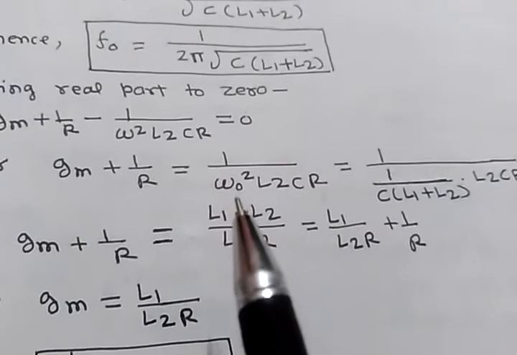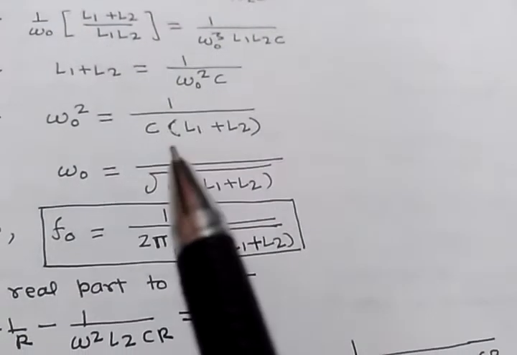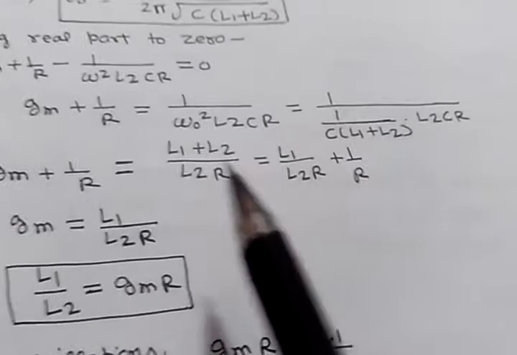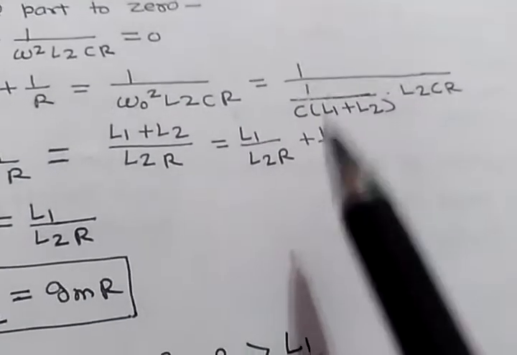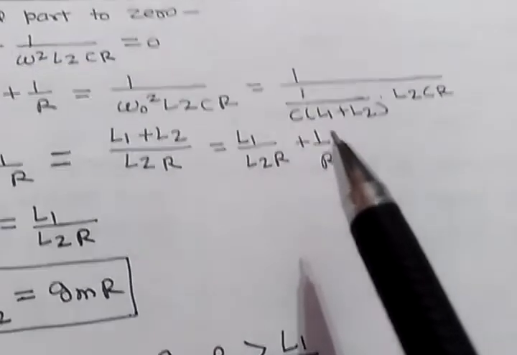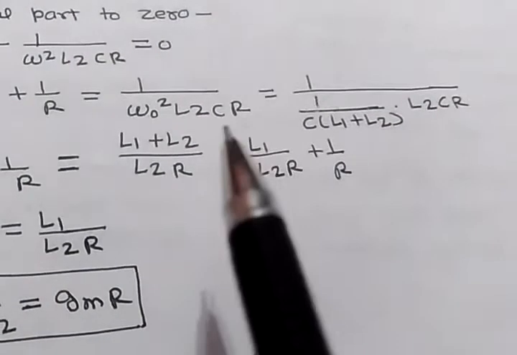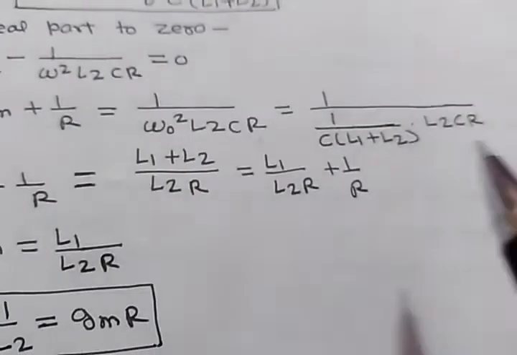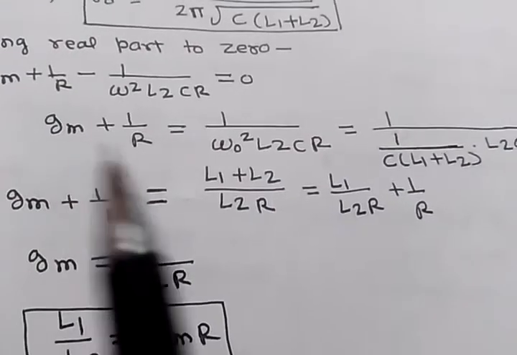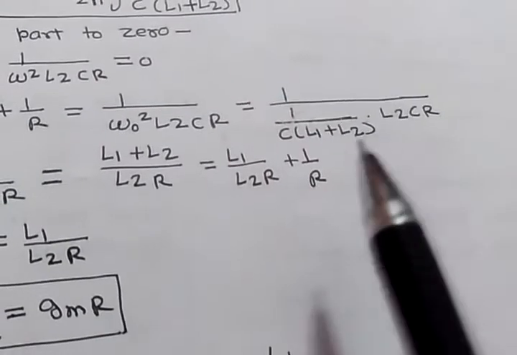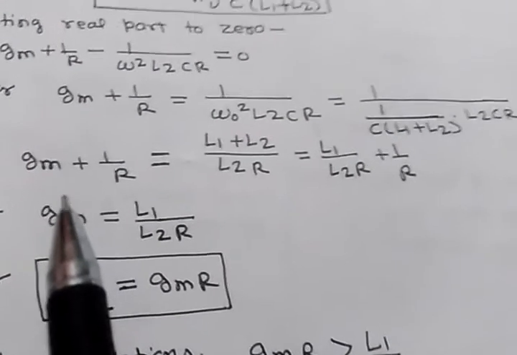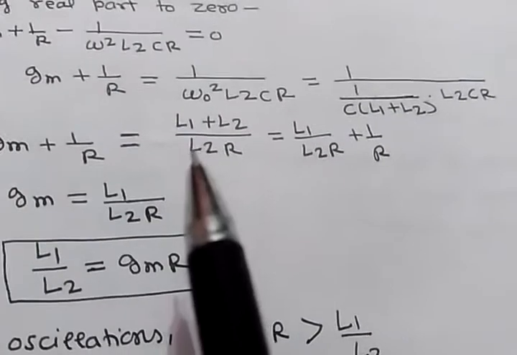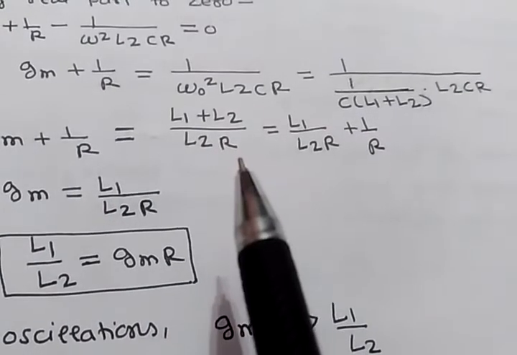Omega naught square equals 1 upon C (L1 plus L2), so at the place of omega naught square, I have written here 1 upon C (L1 plus L2) and L2 CR. Now simplify this. Gm plus 1 upon R equals this. On simplification, we will get the expression Gm plus 1 upon R equals (L1 plus L2) upon L2R.